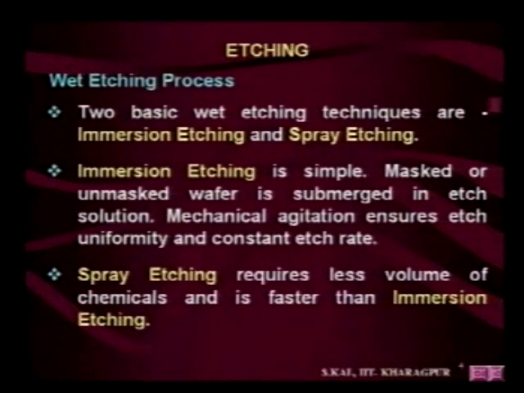With a certain flow, we spray the etching solution through the nozzles, and the wafers are agitated as well. The wafers are kept on the wafer holder, and you give a movement or rotate it, for example, and the whole thing is kept in an etching chamber.